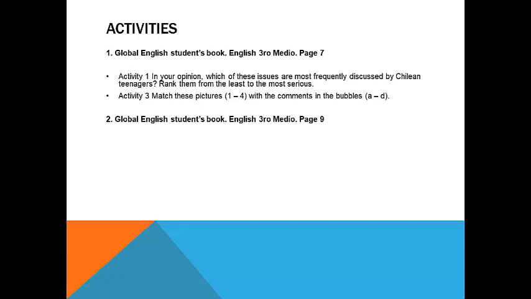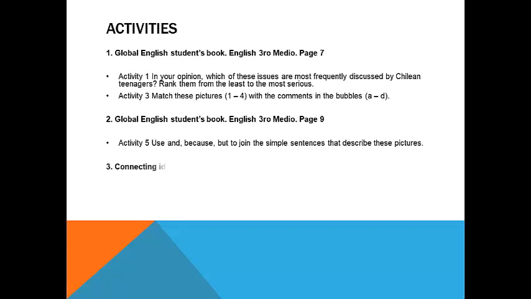Activity number 3. Match the pictures with the comments in bubbles. Activity number 2. In the English student's book, page 9, you will do the following. Activity 5. Use and, because, and but to join the simple sentences that describe these pictures.